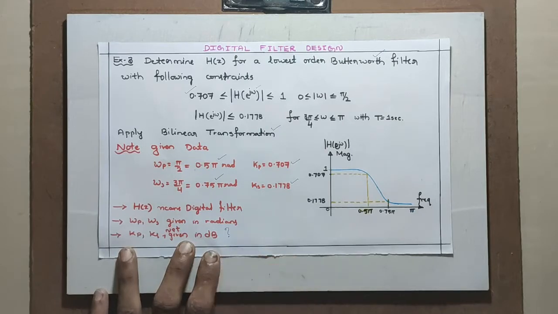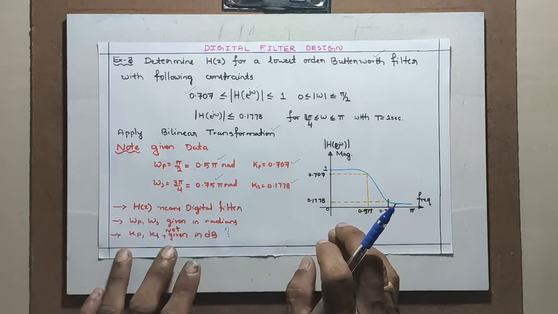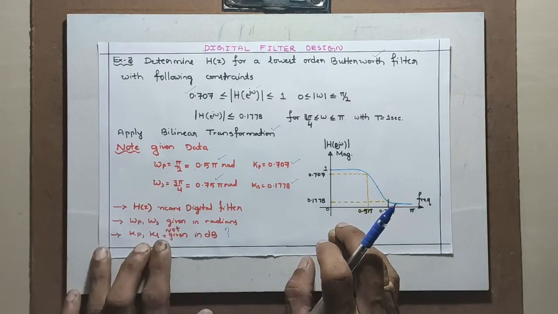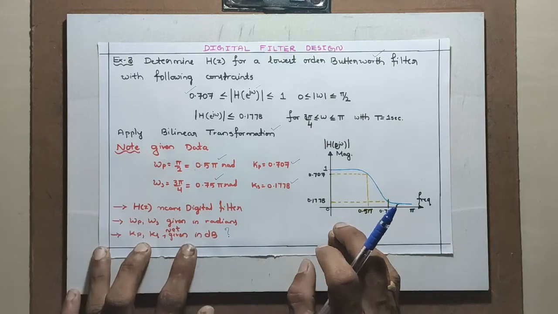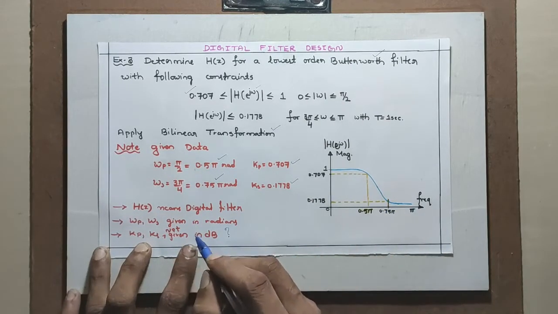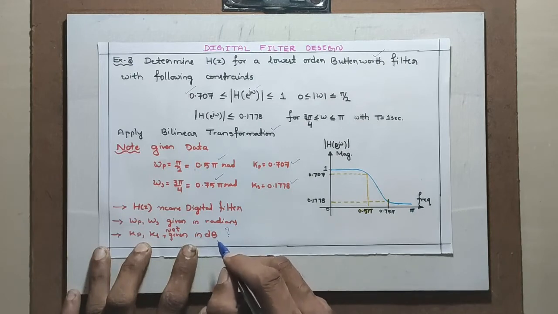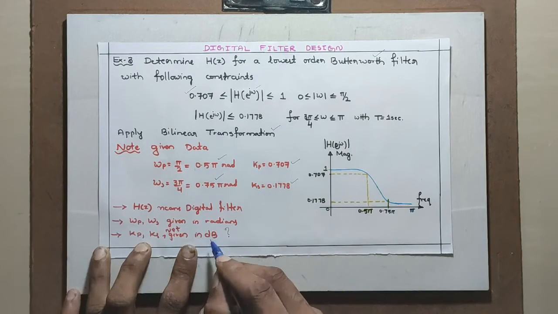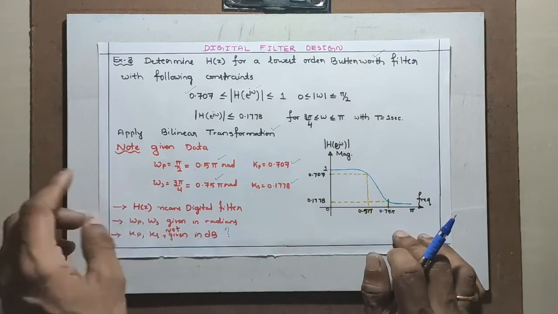In the previous example you saw that the passband edge and stopband edge were the question. Here Kp and Ks are not given in the proper manner which is required. What is the proper manner? Kp and Ks must be in decibels. This is the point you have to concentrate on. Okay, let us solve this example.